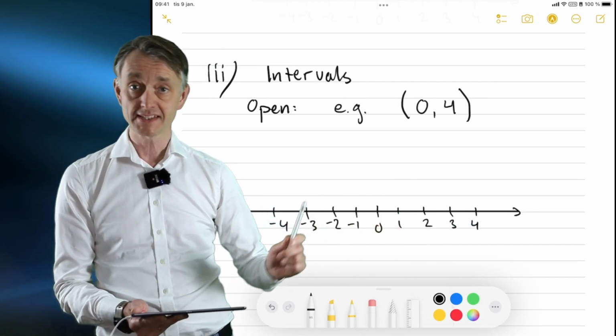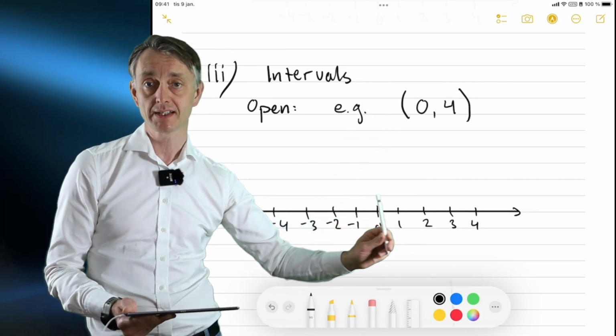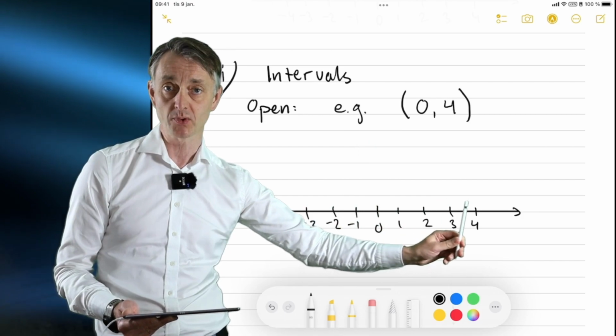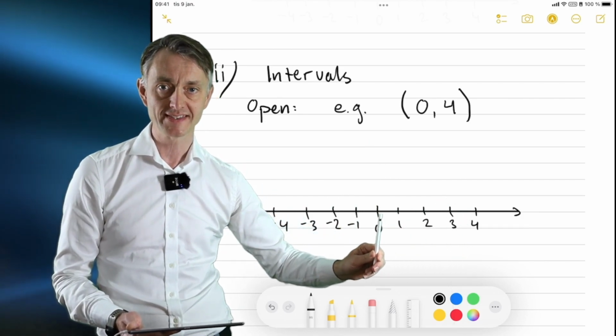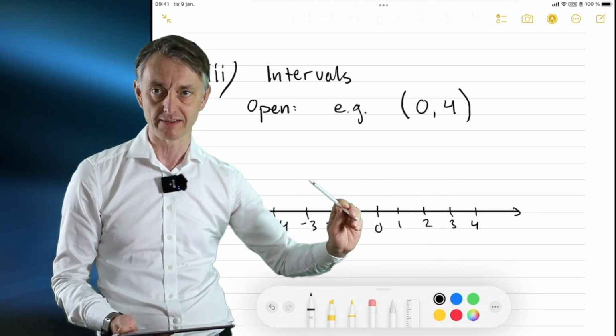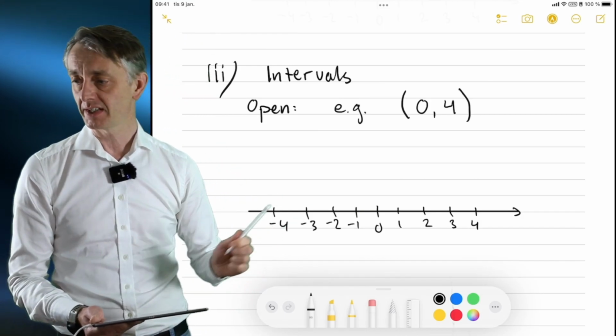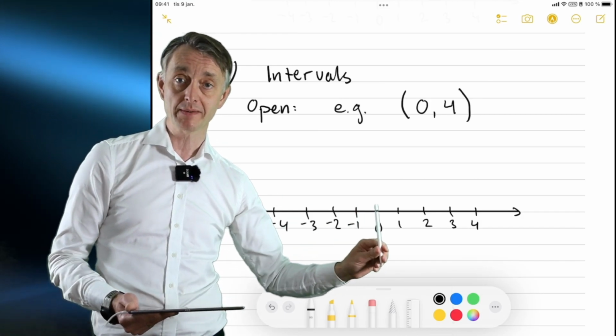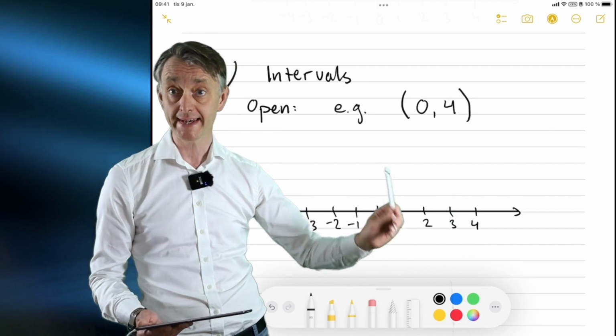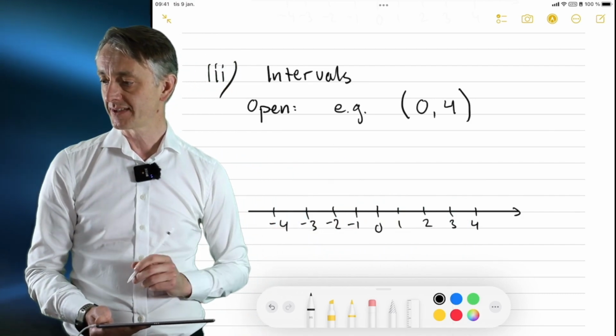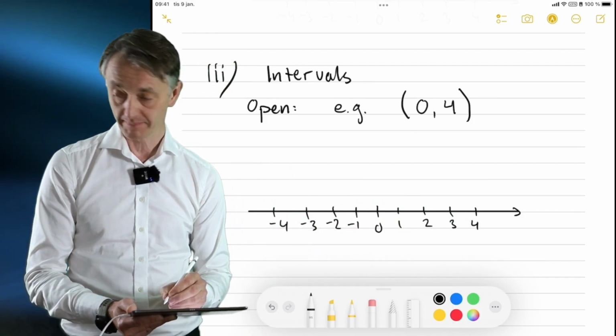But since it is open, it means that it contains all the numbers between 0 and 4, but not 0 itself and 4 itself. So, let's say that we pick a number between 0 and 4, call it x, and then we can write the open interval in this way.